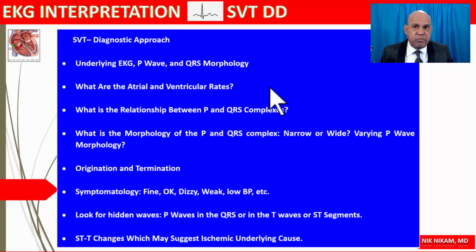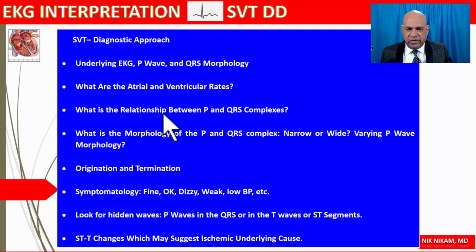It is exceedingly important to measure the atrial rate because if it is 1-to-1 conduction, it means something, and if it is 2-to-1 conduction, that has a different connotation. Hence, understanding the atrial rate and its relationship to the QRS complexes is of paramount importance in trying to decipher the origin of the supraventricular tachycardia.